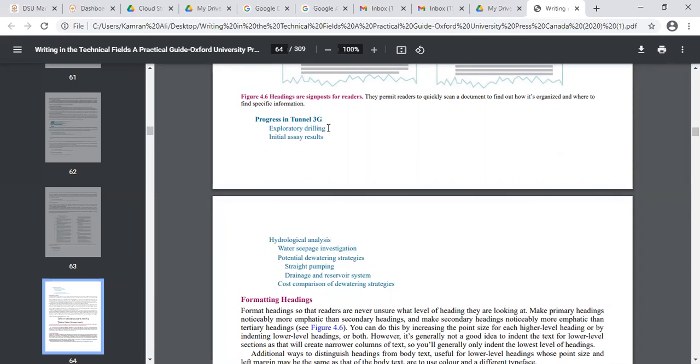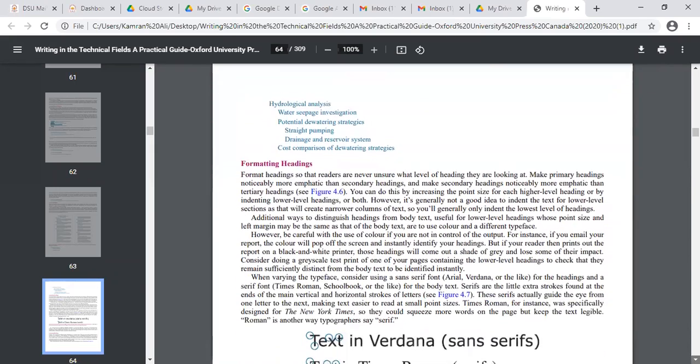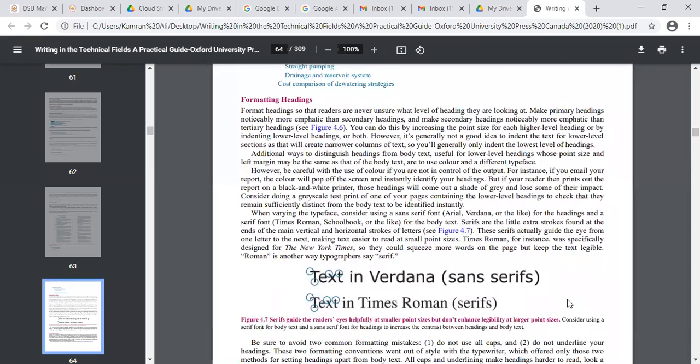Then the second level headings may have comparatively smaller fonts, and the third level heading fonts and the main text body font may be similar, so you can use color, and you can use bold fonts as well, right?